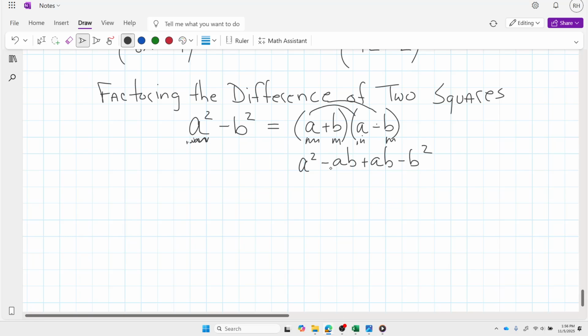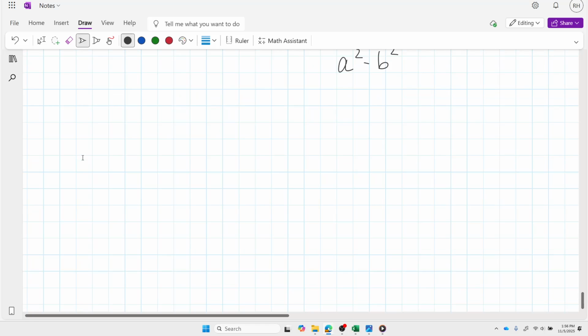And negative ab plus ab would cancel out to 0, so you'd be left with a squared minus b squared, which is what you started with. So the same holds true when this a and this b are perfect squares, with, again, no middle term.